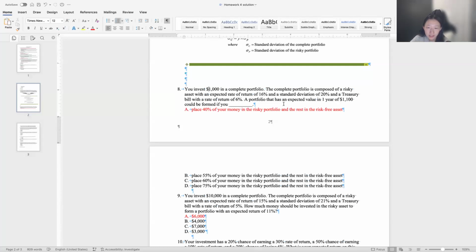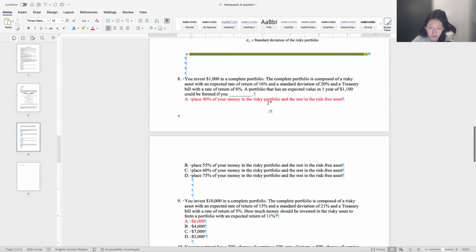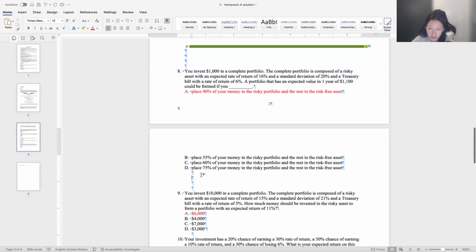A portfolio that has an expected value in 1 year of $1,100 could be formed. How to form this? So we want to figure out the weight. Again, we're using a similar formula up here, but in a different way. So the formula is the same, but the application is going to be slightly different.